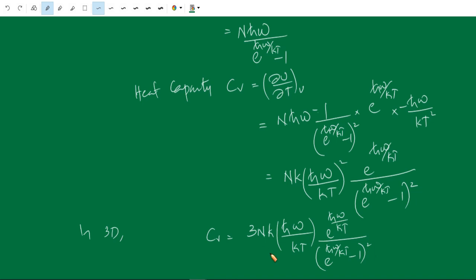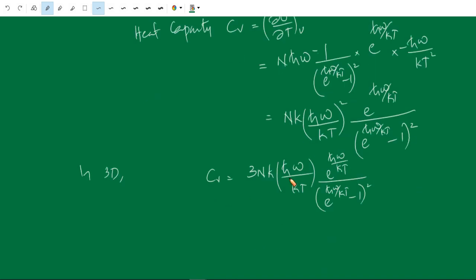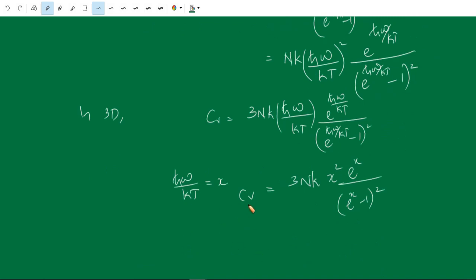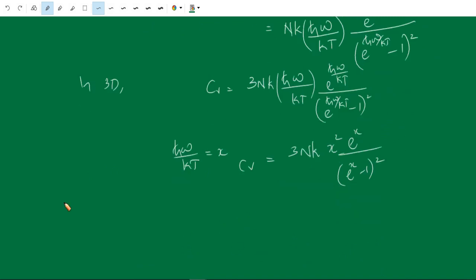If we substitute h cross omega by kT equal to x, then the heat capacity becomes 3Nk x square e raised to x divided by (e raised to x minus 1) square. So this is the heat capacity of a solid at any temperature T.